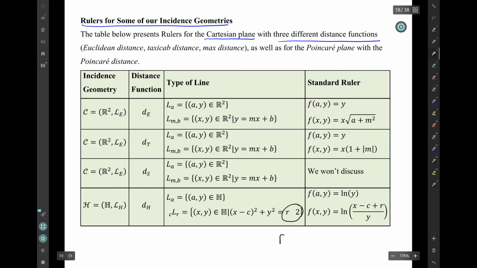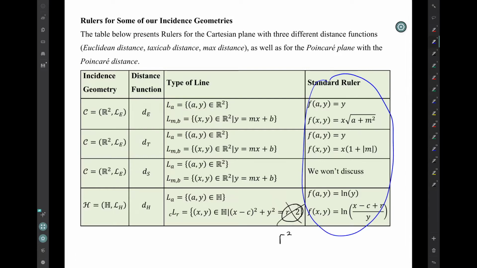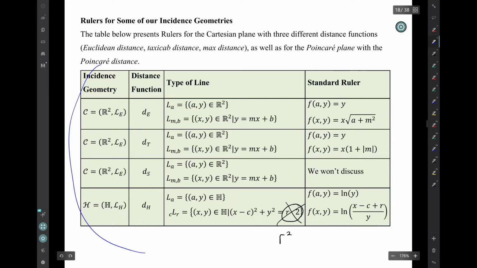This should say r squared. So again, the fact that these rulers really do work as rulers, that they satisfy the requirements of a ruler, that's part of the proof that those things that I was calling metric geometries really do work as metric geometries. So I won't discuss the proofs here, but we will use these results. We will use the fact that we have these rulers.